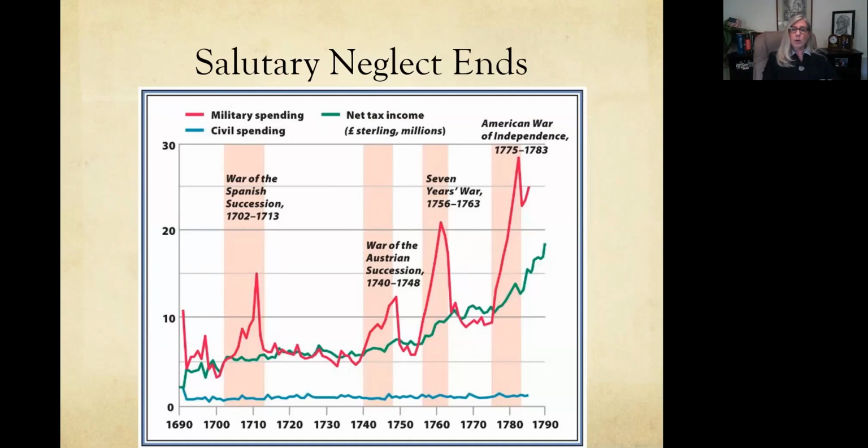One term that is critical for you to remember is salutary neglect. Salutary neglect is where, as long as the colonies were providing financial support or resources to England, they were kind of left to do their own thing politically within the colonies. Each of the colonies had their own legislature of sorts where they would make local decisions. They taxed themselves locally without a whole lot of interference from the British crown.